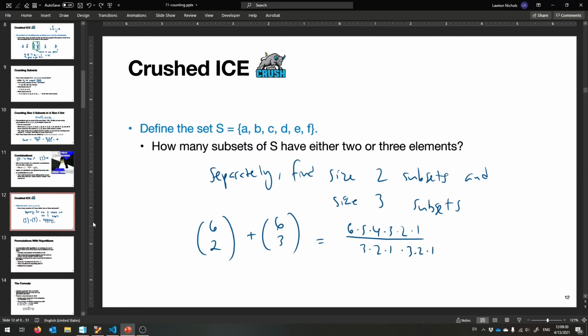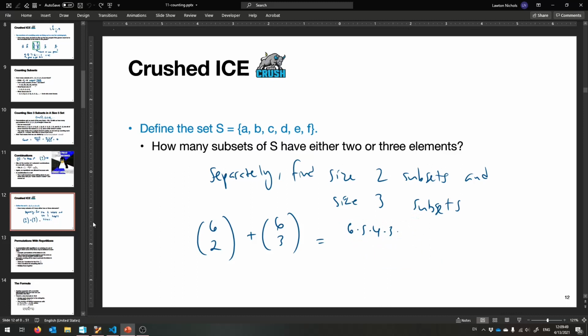Isn't that crazy? I was doing 6 choose 3, so maybe I should split this up a little bit. But this is the 6 choose 3 part, and I think you can see that these are going to cancel out, and that's why I just wrote it like this last time.